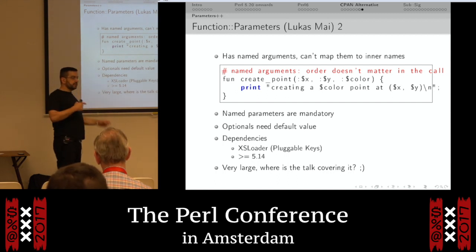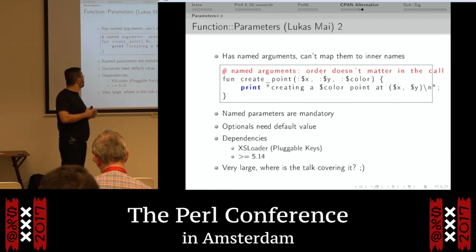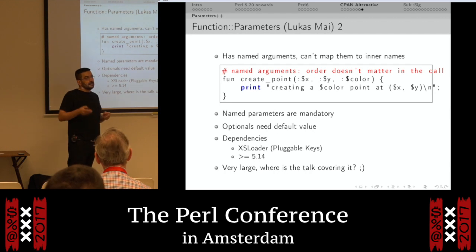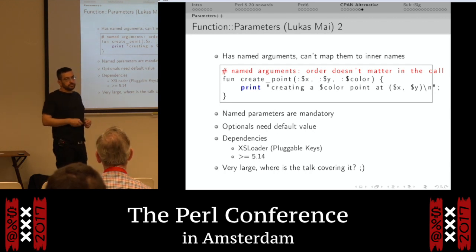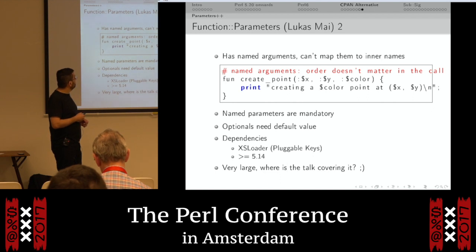If you have a named argument which is optional, it needs a default value, and this is the vice versa. So you don't need the exclamation marks or the question marks.